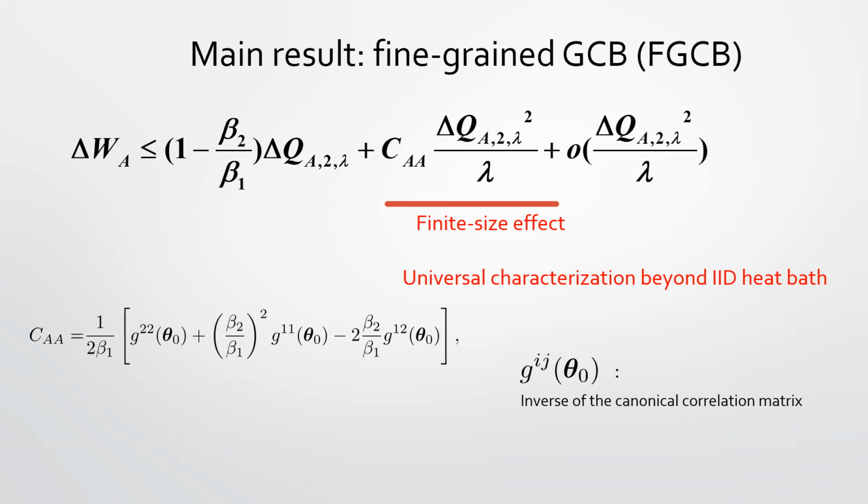What is the size in this term? This one and this one. Does C_A include the size of the bath or not? C_A is constant. I see, this is constant.